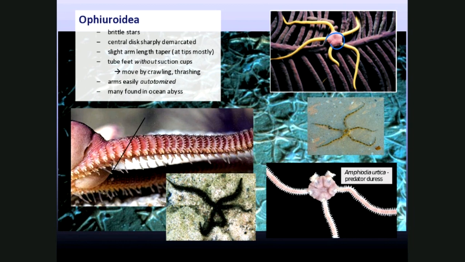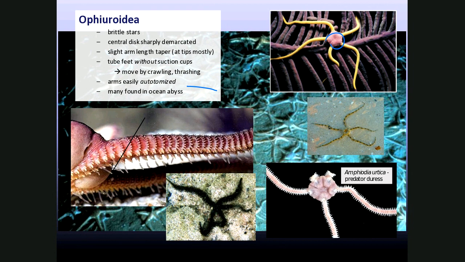They'll autotomize their arms. This is the word. They'll autotomize their arms with the idea of, it's kind of like the lizard losing its tail. Hopefully the predator will go after that. And of course, they can grow those arms back. Brittle stars do that readily. That's why they're called brittle stars. You mess with them just a little bit and they're shedding off their arms. They're very brittle. You can think of it like that.